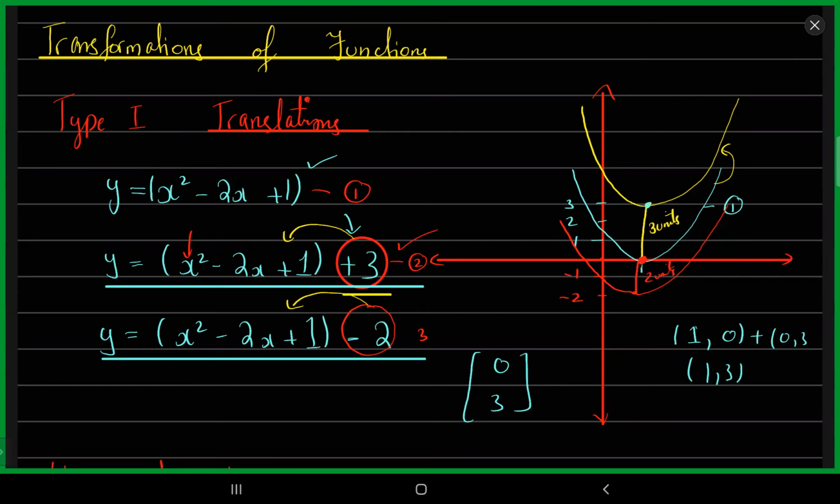And we know that whenever we add or subtract something in the entire function, for example, this positive 3 or this negative 2 was added to the entire function, this used to be a translation in the y-axis. And if I was adding positive 3, in the translation vector I was writing positive 3.